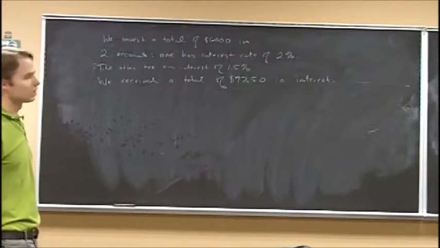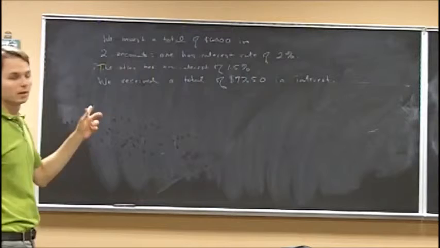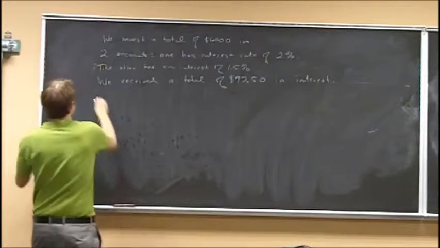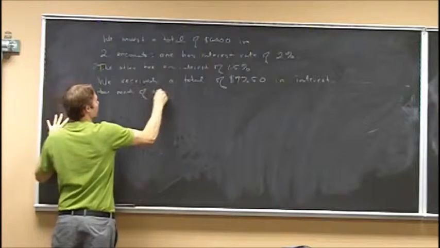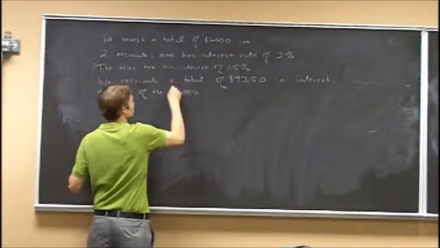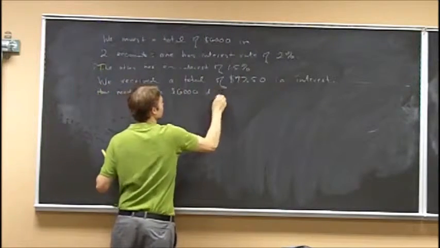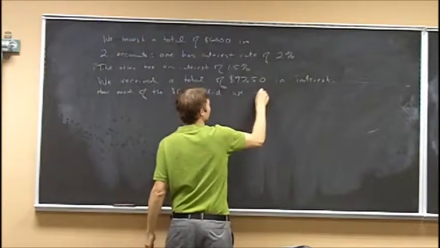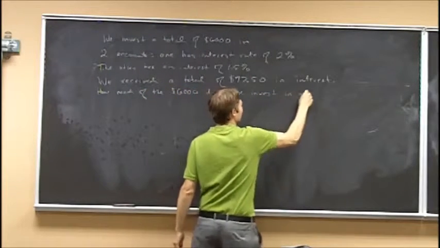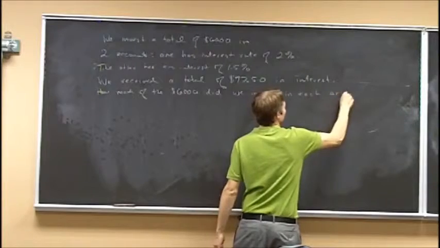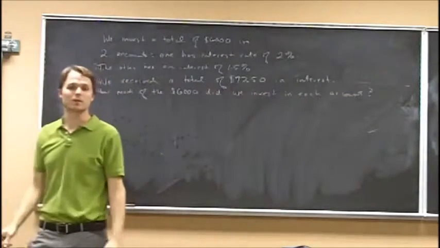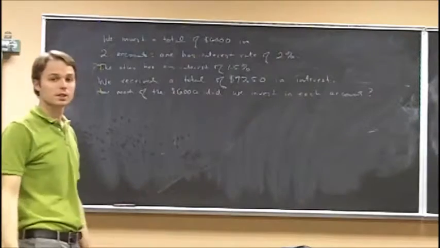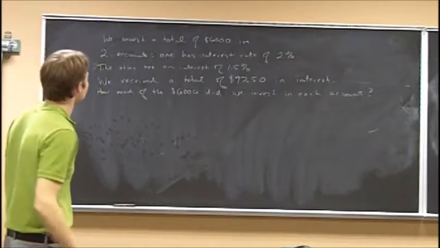So if that's the case, the question becomes, how much do we invest in each account? $6,000 total, so how much of each do we invest in each individual account? The 2% account and the 1.5% account.